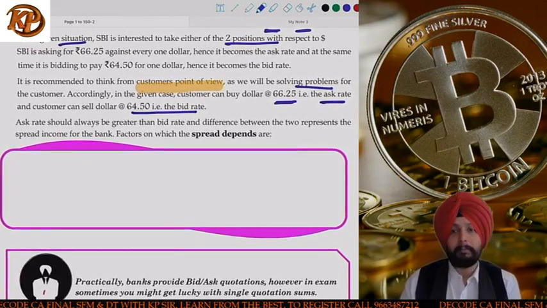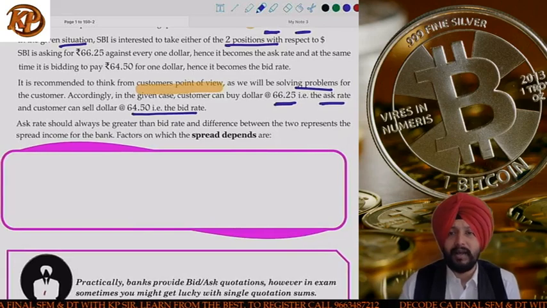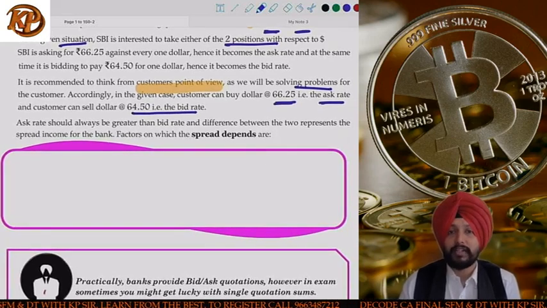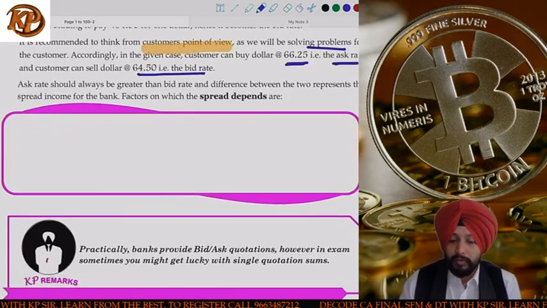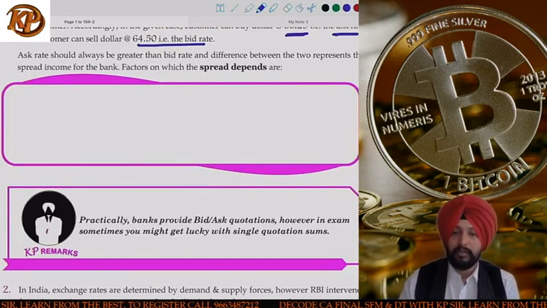This spread will depend on certain factors. Once in exam they ask this question, what are the different factors on which the spread will depend? So I've given you space over here and we can write down the notes.